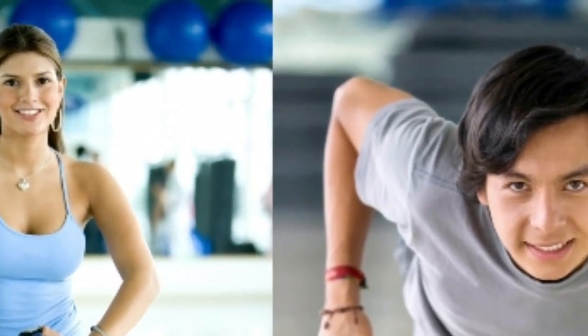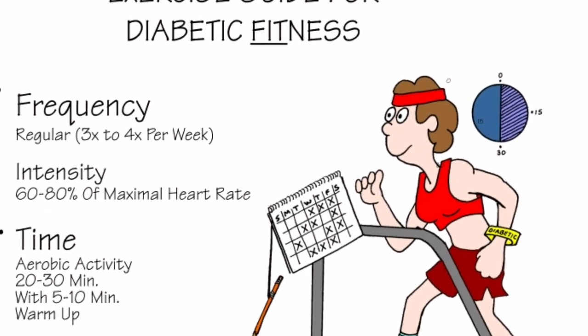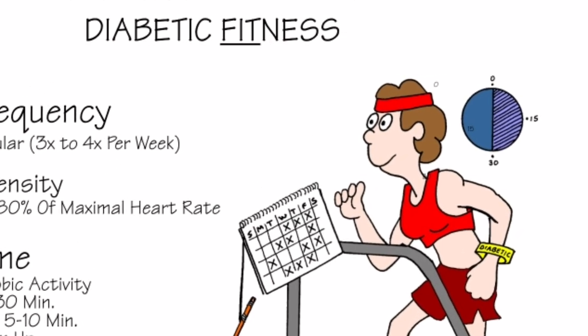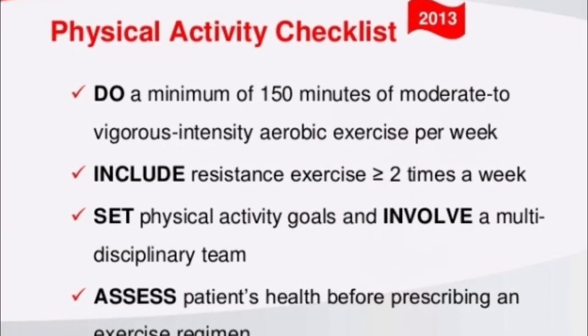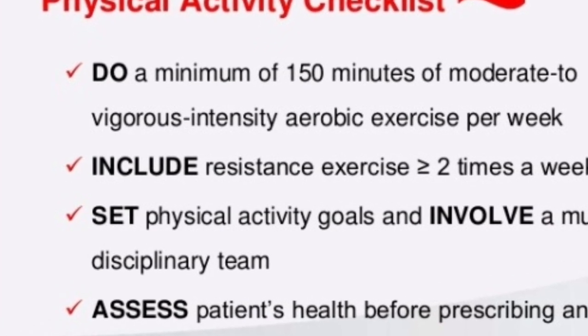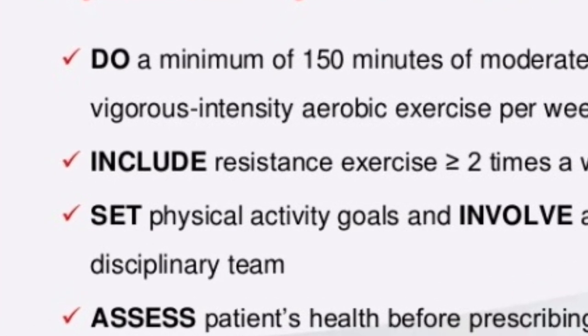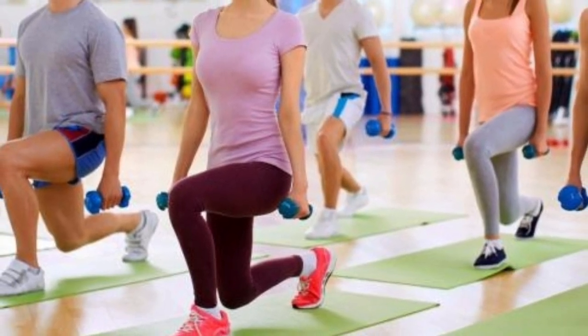FITT recommendations for individuals with diabetes mellitus. Frequency: 3 to 7 days per week. Intensity: 40% to less than 60% VO2R. Better blood glucose control may be achieved at higher exercise intensities of more than or equal to 60% VO2R.